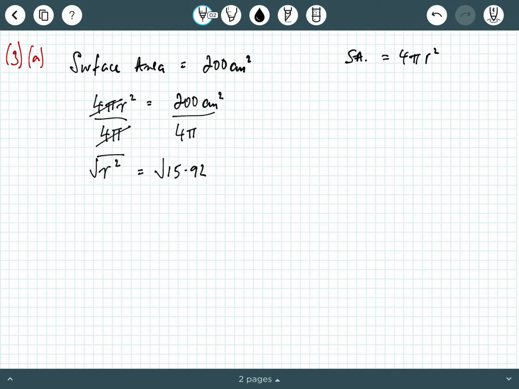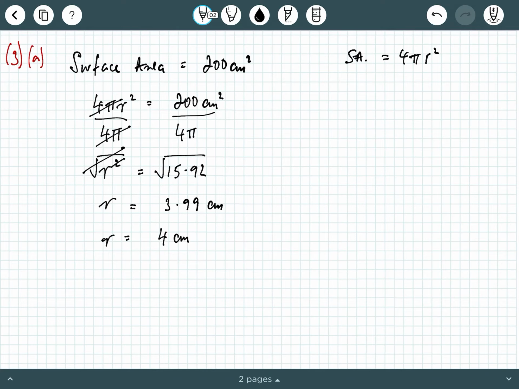And what you do to one side, you must do to the other. So that square root will cancel out that square, and you're now left with r. And r is equal to the square root of 15.92, which is 3.99 centimeters. Now, I know they want you to round it off to one decimal place, so you could say here r is equal to 4 centimeters. And that's A.